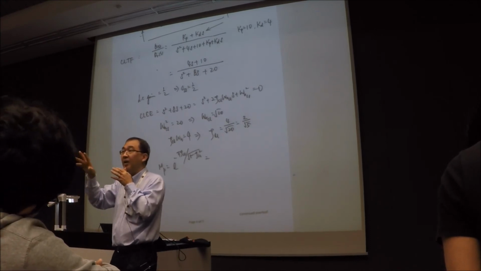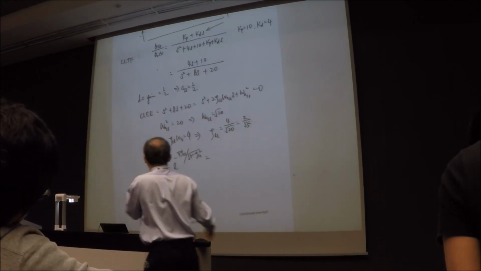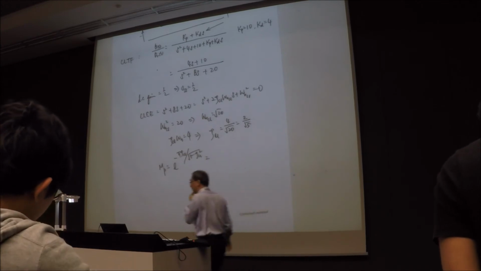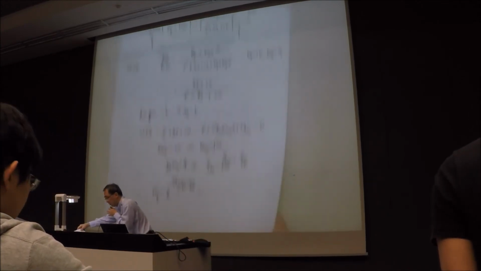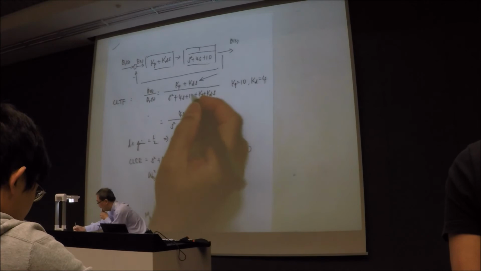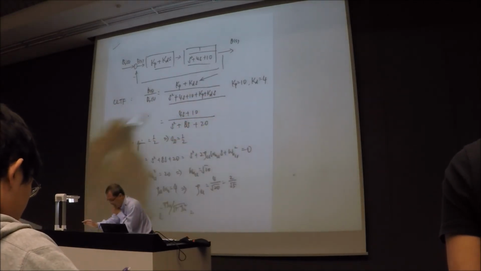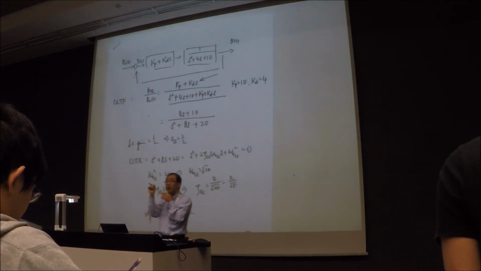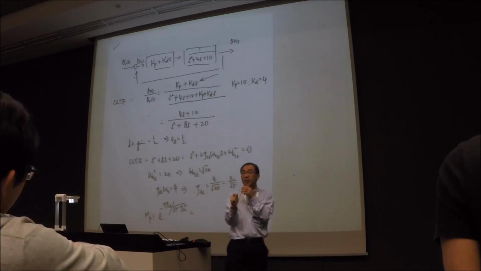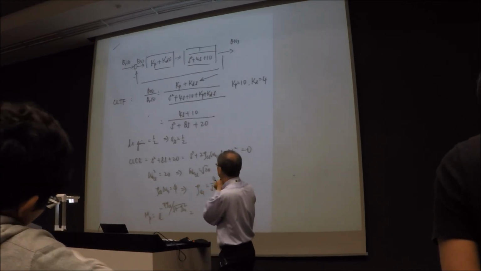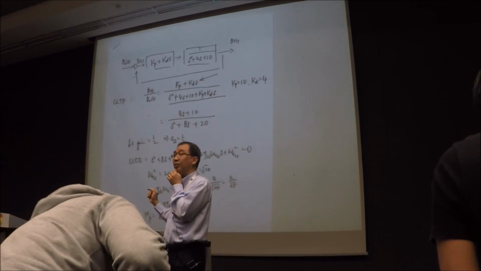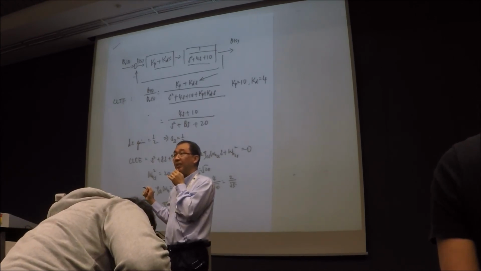And then from the closed loop transfer function here, I can pinpoint what will be the Kp value, what will be the Kd value.